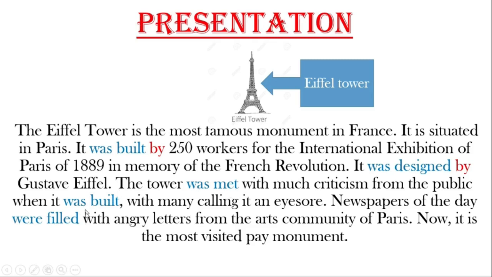And finally, was built, and finally were filled. Now, these sentences are in passive voice. Now, in English, we have the terms active voice and passive voice. So, let's explain what we mean by active voice and passive voice. Okay, very good. After explaining all this, let's move to the next one.